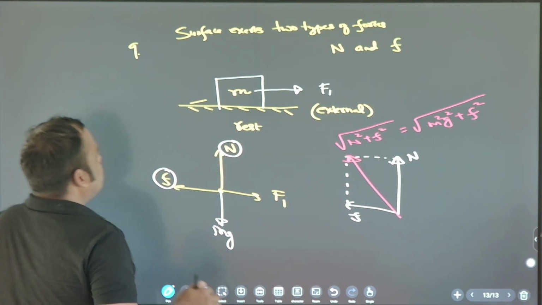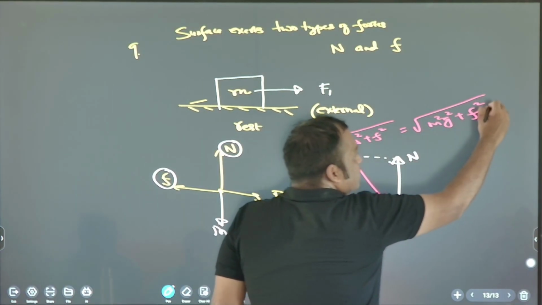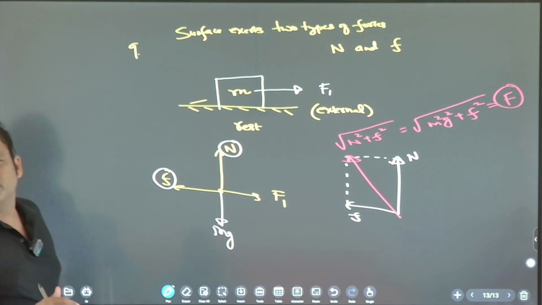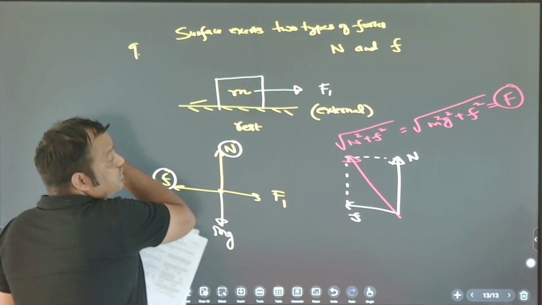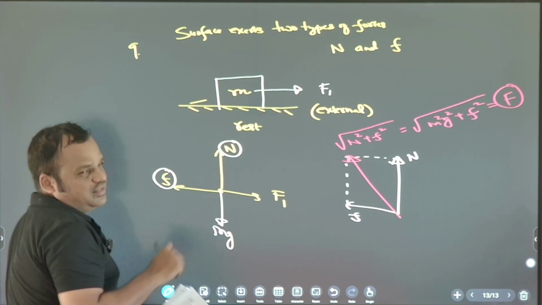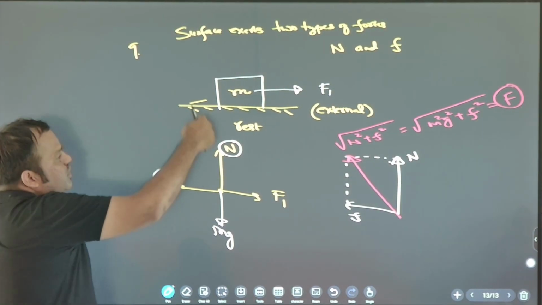Understood? Now they are calling this as capital F. Are you getting? See, read the question. What is the question? Force by the surface on the body.